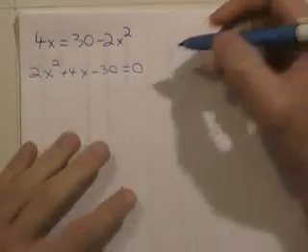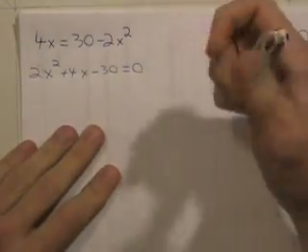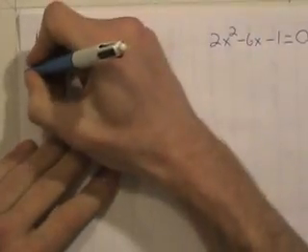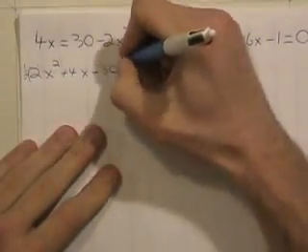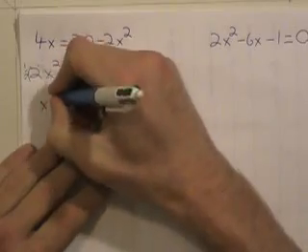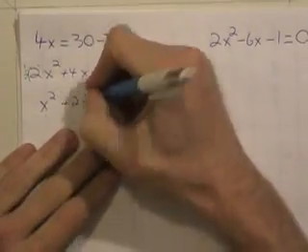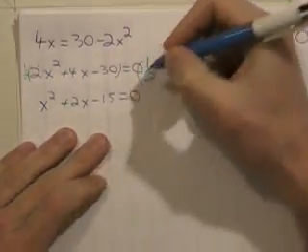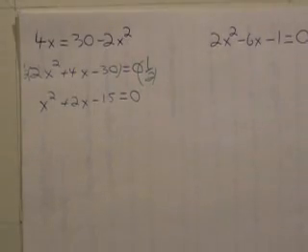You notice that there's a 2 common to everything, so if you multiply both sides by 1/2, you can knock those out and you'll be left with regular x squared plus 2x minus 15 equals 0. So at this point you're going to want to try to factor it.